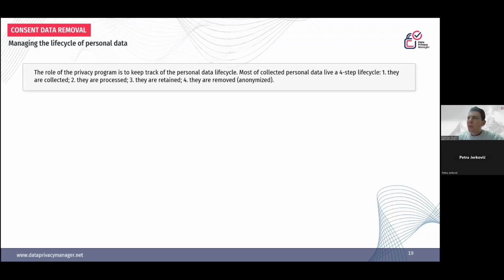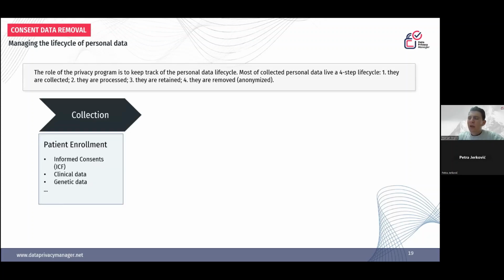And then one other important thing that you can manage with DPM is the life cycle of personal data. So you always start with collecting consents and data during patient enrollment in a clinical trial study. You will collect informed consents, you will collect maybe clinical data, maybe genetic data, maybe non-genetic data, samples.